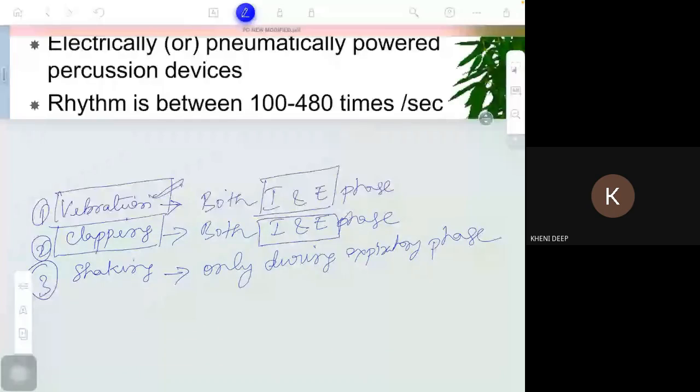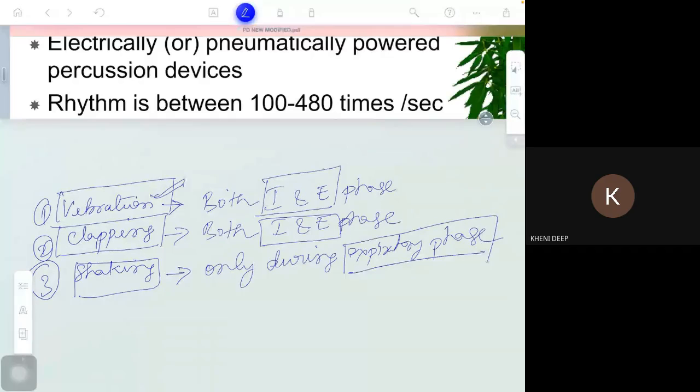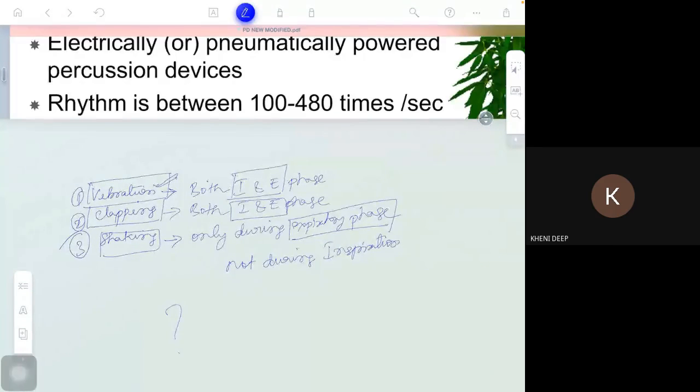But shaking is the manipulation you will perform only during the expiratory phase, not during inspiration. Clear? So the question is how you will know that the patient is in the inspiratory phase or expiratory phase.